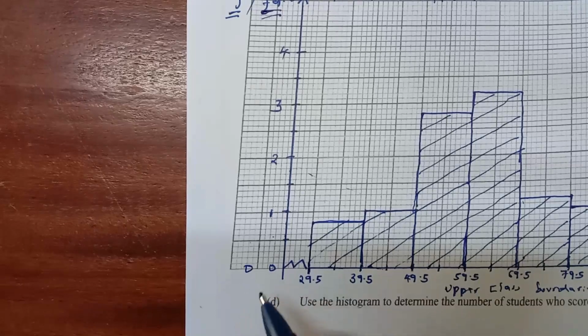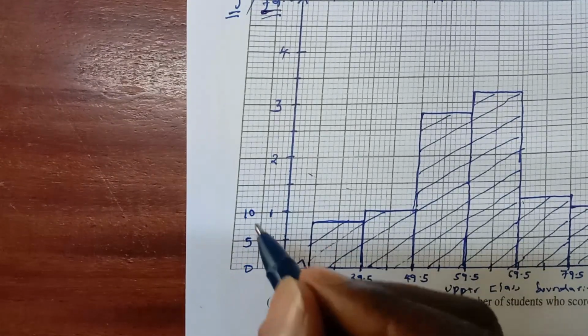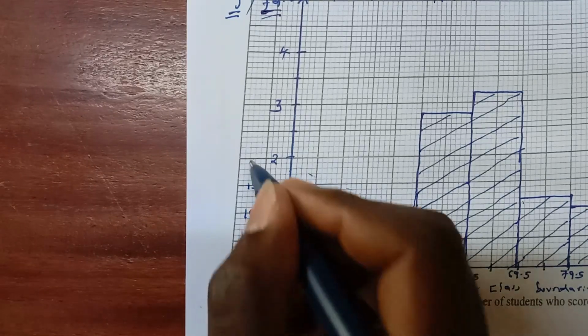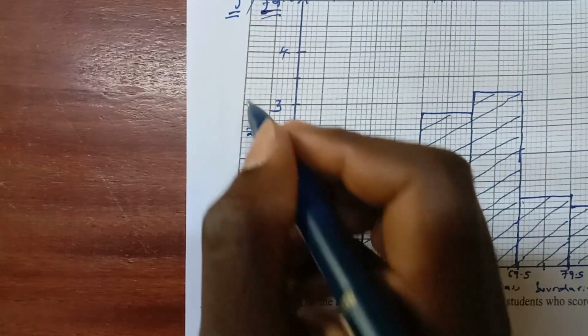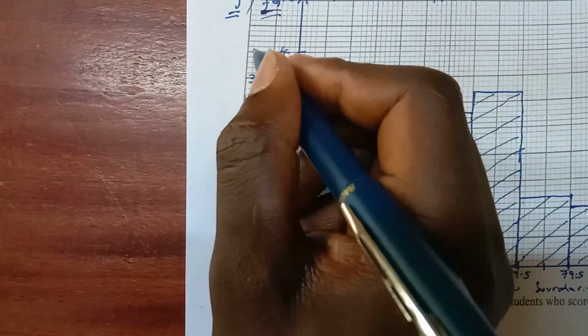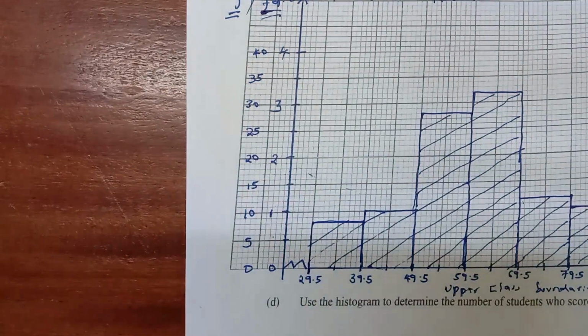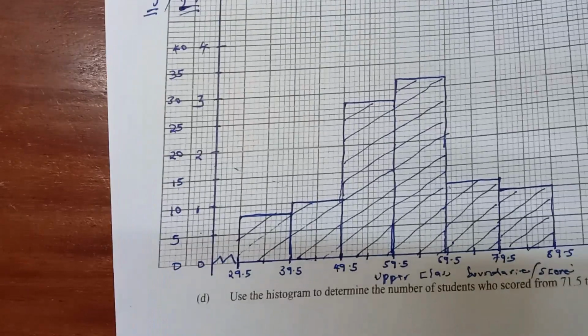You can have 0, 5, 10, 15, 20, 25, 30, 35, 40. That is for a person who used frequency to plot this particular histogram.